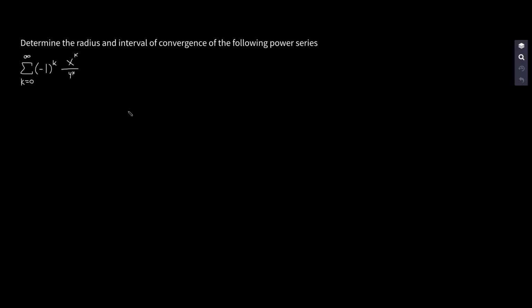Well, this is a power series where I think the way to go here, everything's being raised to the power of k. We have this negative 1 raised to the power of k, this x raised to the power of k, and this 4 raised to the power of k. I think that we could use the ratio test.